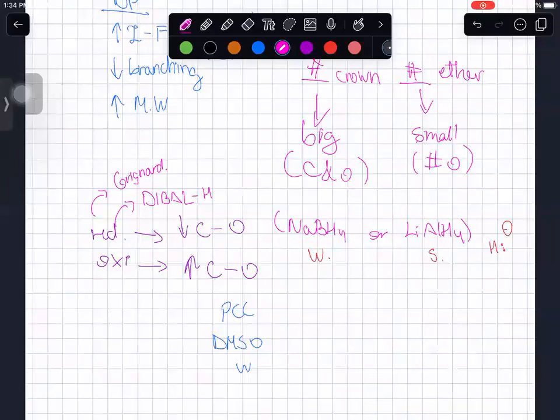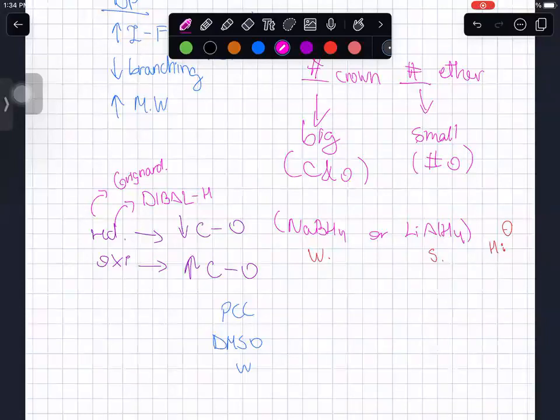So just to reiterate, sodium borohydride and lithium aluminum hydride, those are the two to reduce. One's weak, the other one reduces esters. Then we're talking about oxidation. PCC and DMSO, those are weak oxidizing agents.